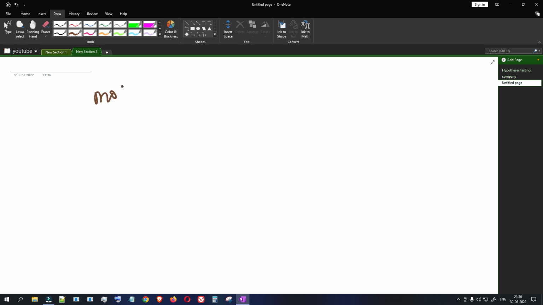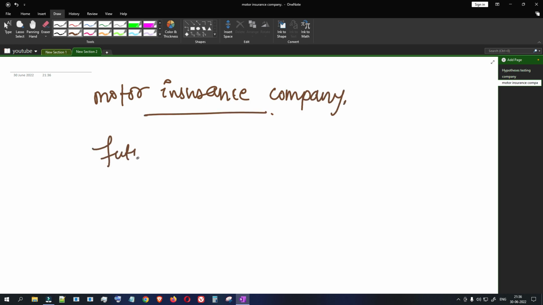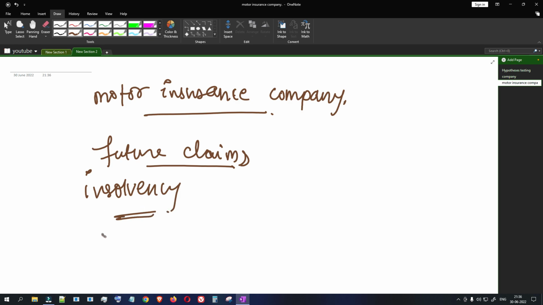Next example could be, for example, that we have a motor insurance company, and that company is worried about the future claims. Company is thinking if there could be the insolvency in the future, company want to prevent it. Obviously, company want to run everything so smoothly, so it want to forecast the number of claims or the amount of claims, that what would be the maximum claim that could be there, or these things.